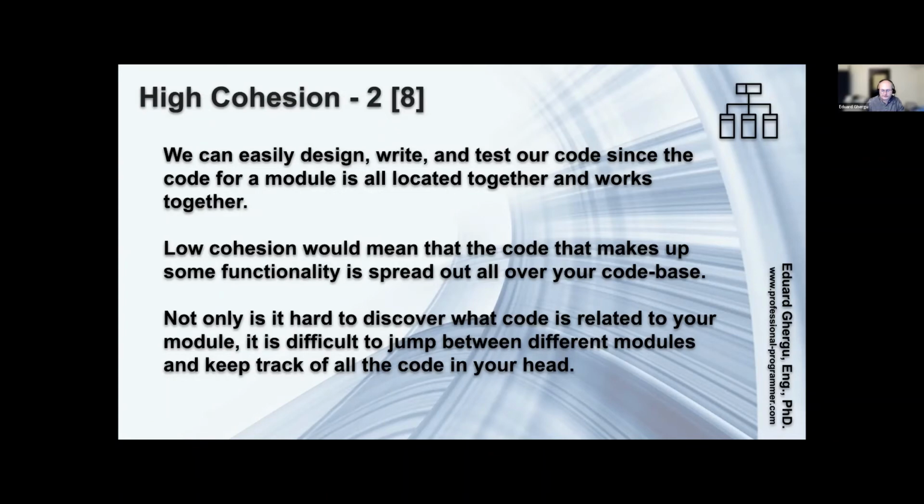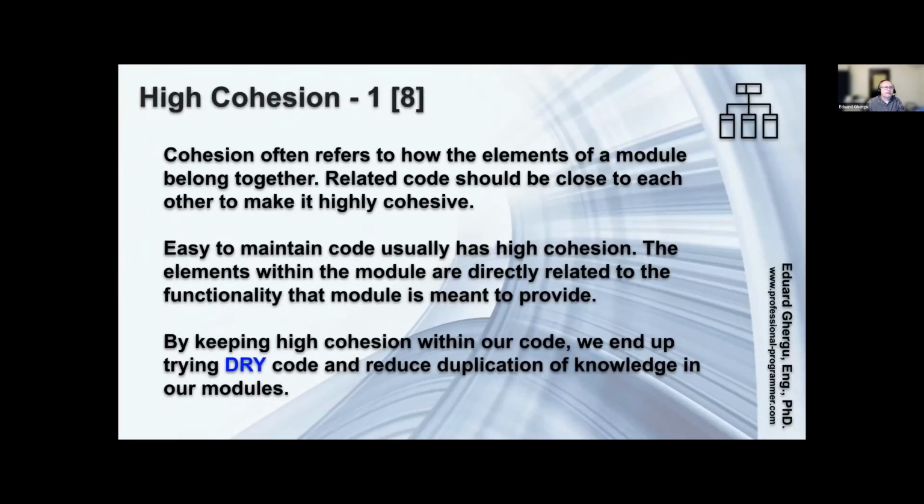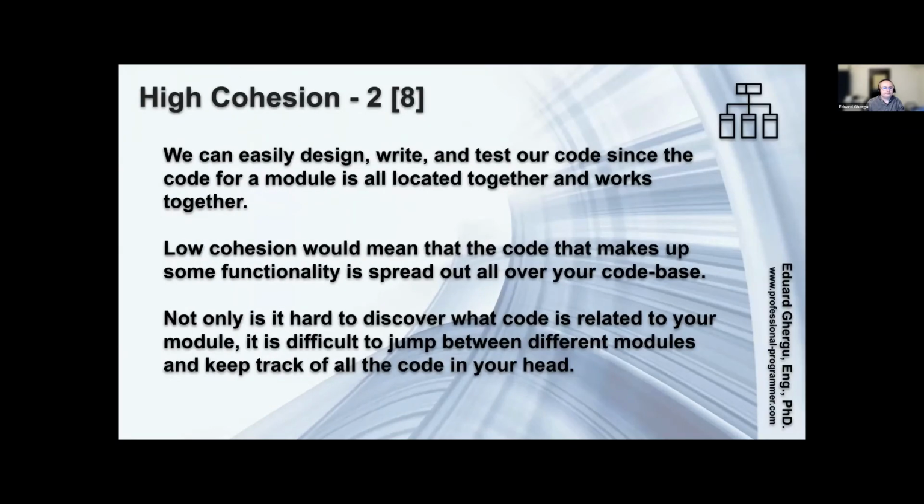That's why it's mentioned here that high cohesion actually means to try to reduce duplication, because of this real life scenario that we have this duplicated functionality in different places. And of course, it's related to encapsulation, because high cohesion in the end means good encapsulation of the code.